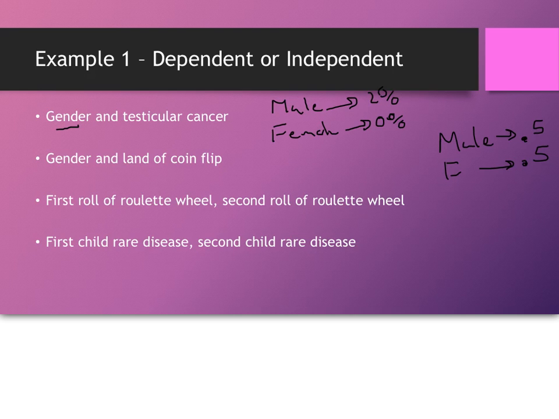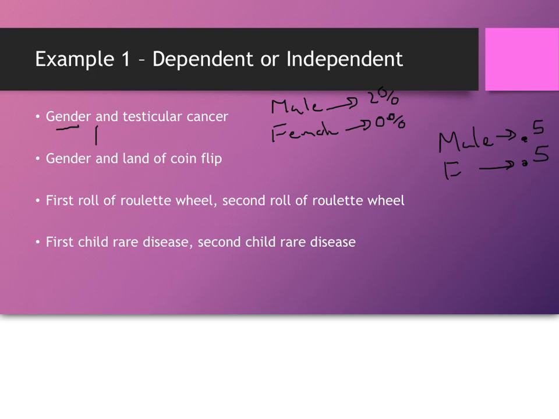Basically, anytime we have two groups where we have different probabilities of getting, in this case, testicular cancer, anything like that, then they're going to be dependent events.